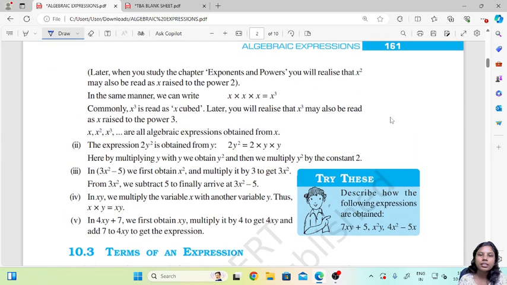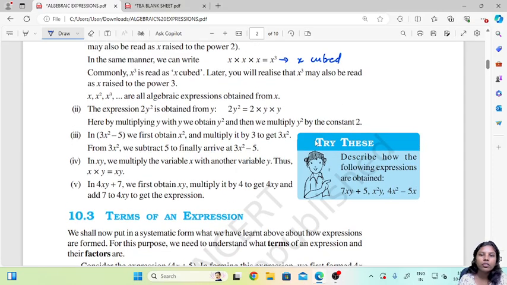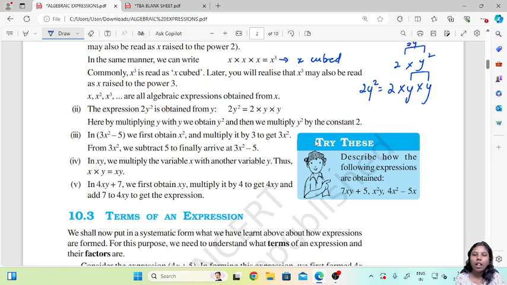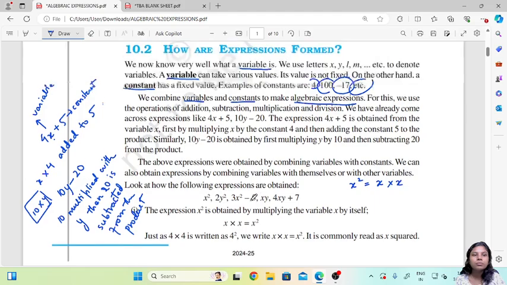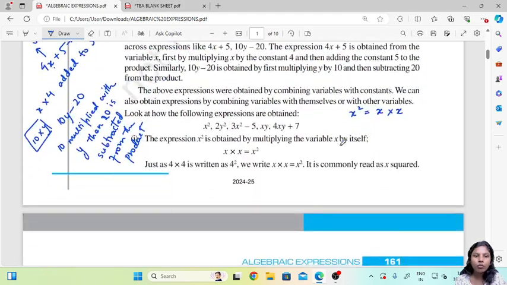Now if there is x 3 times, we call it x cubed or x raised to the power of 3. Now say you have 2y square. In this case, we know it is 2 multiplied by y multiplied by y. This gives us y square into 2, that will be 2y square.